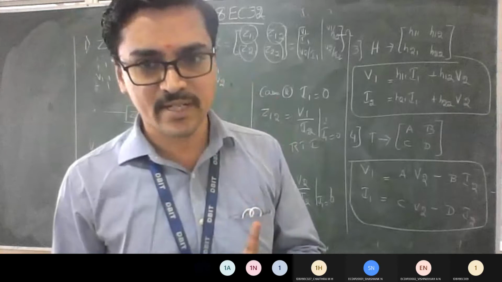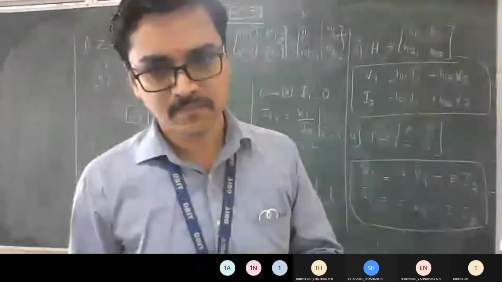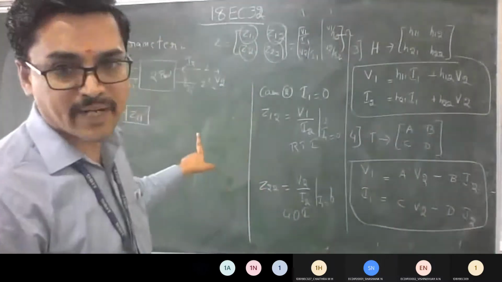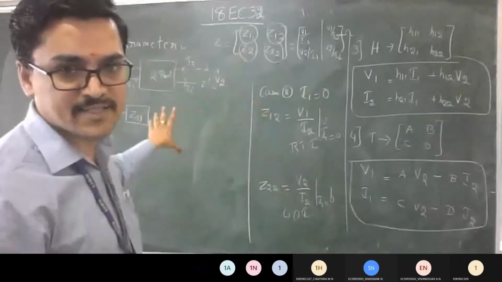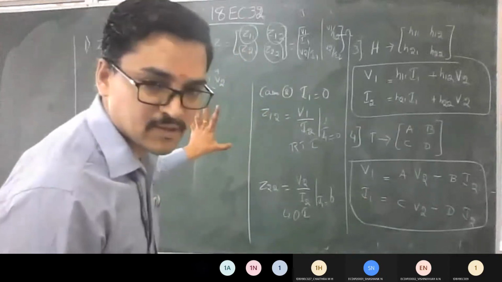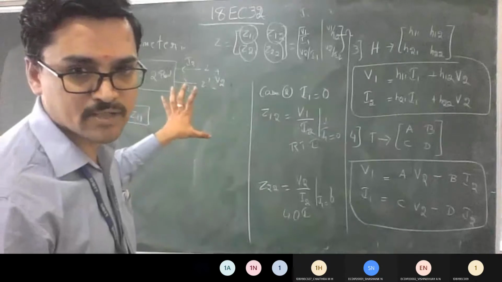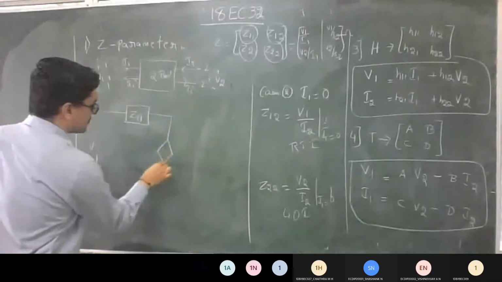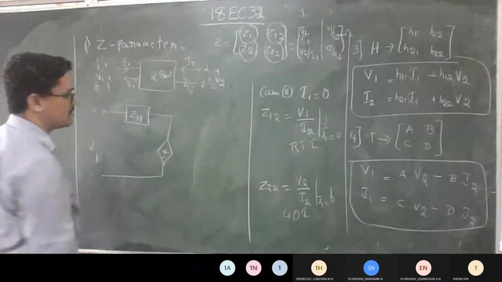For a practical voltage source, what should be in series with the voltage? Resistance. Instead of resistance, now it is impedance, called Z11. Along with this, I want one more voltage source, and I can connect it this way, with plus or minus.